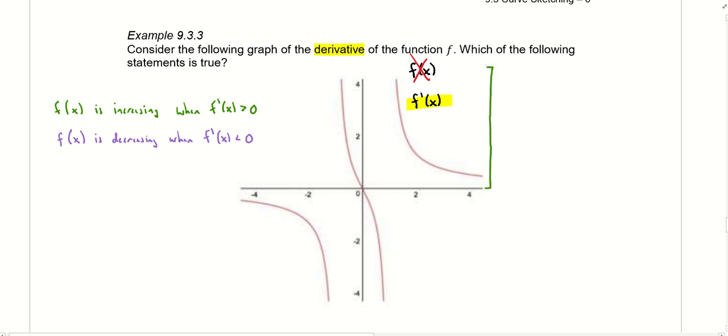If our first derivative is up here above the x-axis, that's where the first derivative is positive, and those are the places where our original function, the one that's not graphed here, is increasing. And if our first derivative graph shows up below the x-axis, that's where the first derivative is negative, which is where our original function, not pictured here, is decreasing.